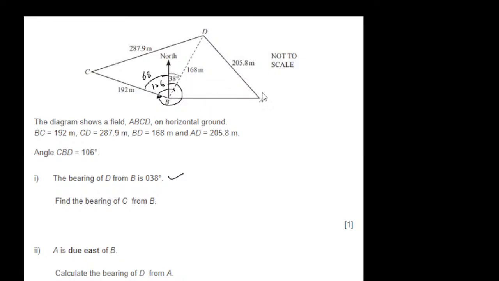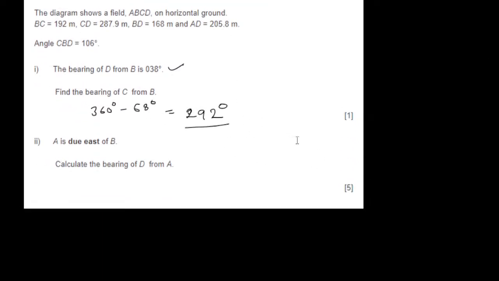Then from 360 I will subtract this 68. So 360 minus 68 is 292. If you have any specific topic you want to discuss here, you can comment, I will do that. So this is 292.